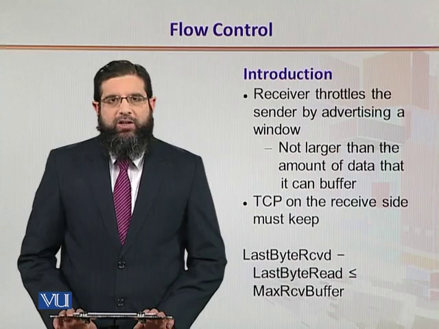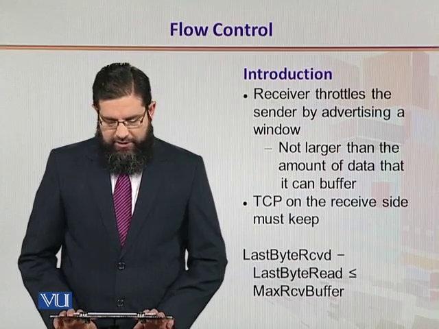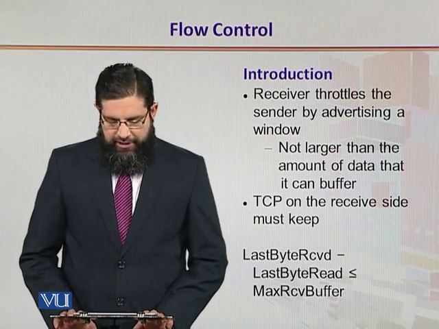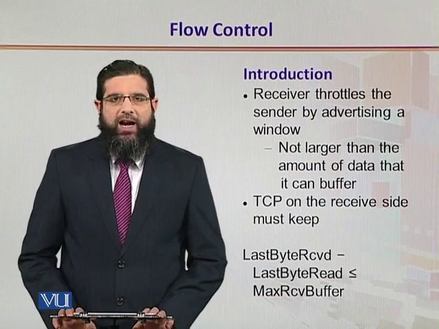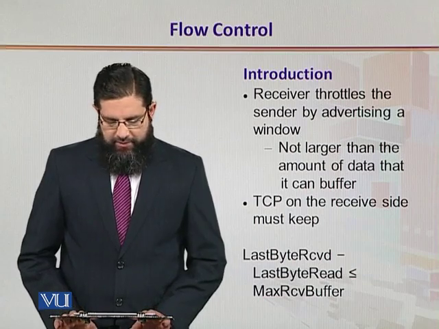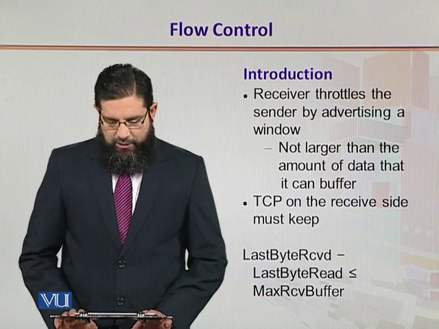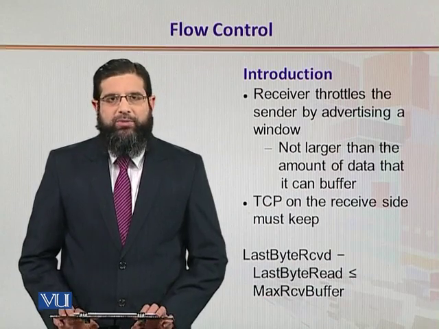This is implemented by TCP on the receiver side, which takes into consideration the relationship that the maximum receive buffer has to be at least equal to or greater than the difference of the last byte received and the last byte read.